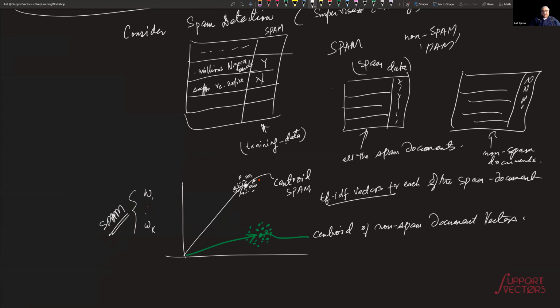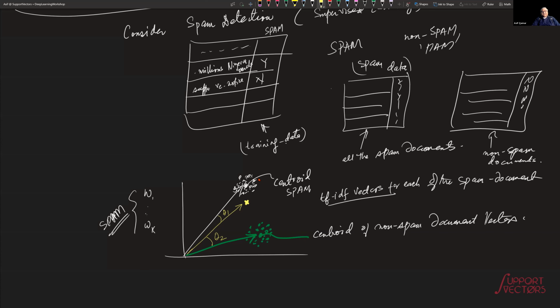Now you can do a classification very easily. Let's say you want to classify a random vector. Let me take a yellow line here. Suppose you have a document that is here. Let me call this angle θ1, and this θ2.